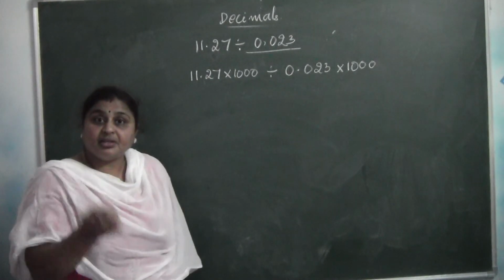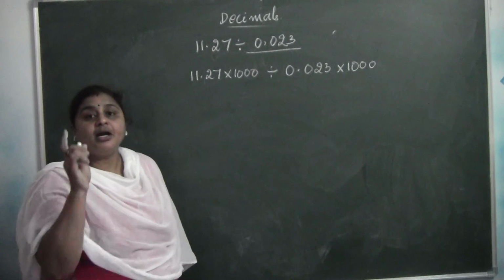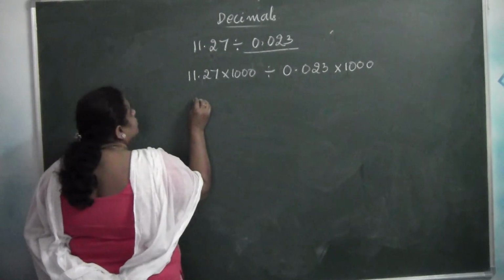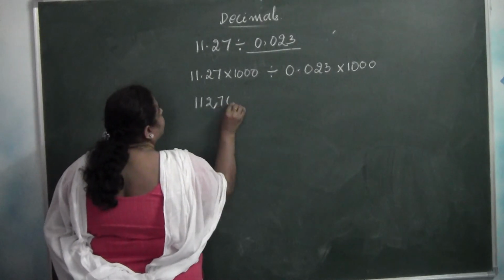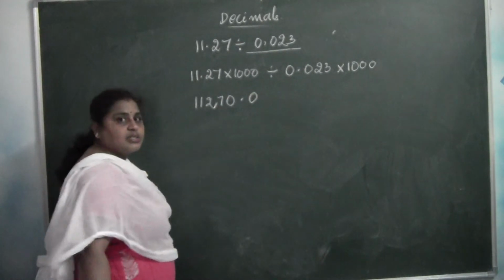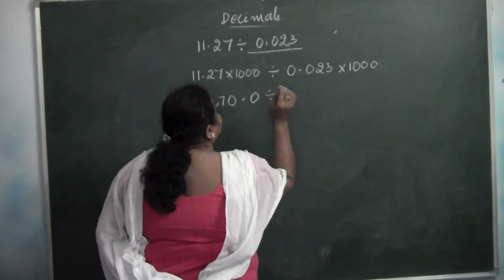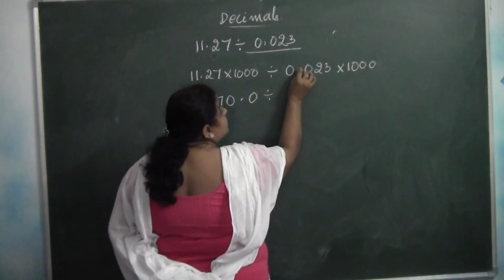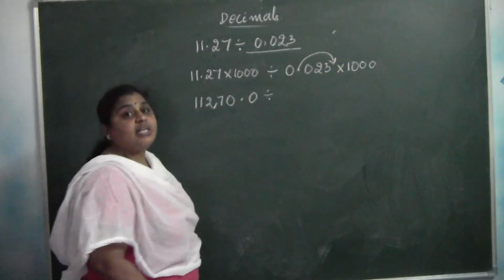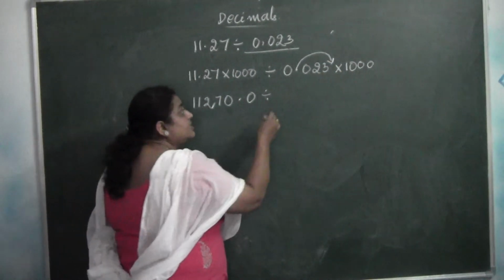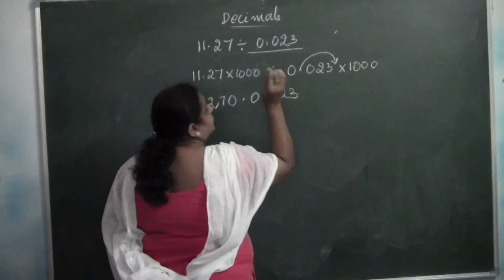In order to make it 3 digits, we are going to add a 0. So 11,270.0 divided with, now this decimal point after 3 digits is jumping forward. It means it is 23 itself.